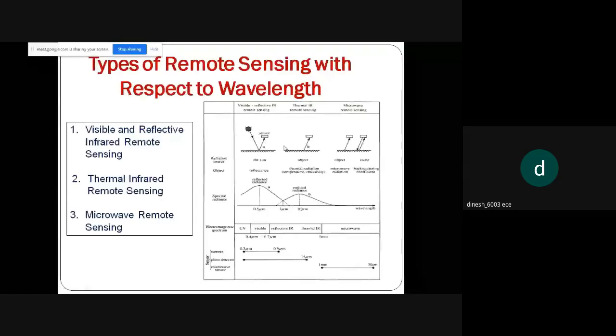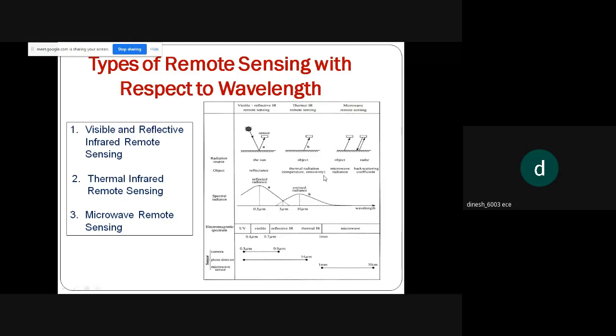Similarly, when we see thermal infrared remote sensing, the radiation source is always an object. Here the object is determined by thermal radiation, measuring temperature and emissivity. Emission comes into play here.